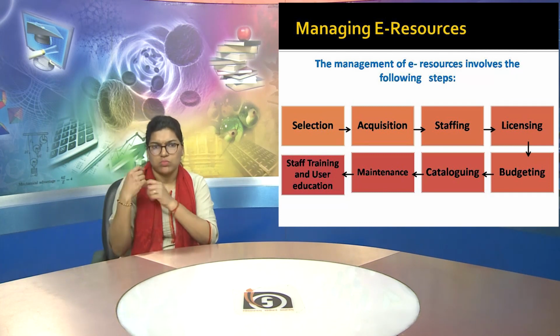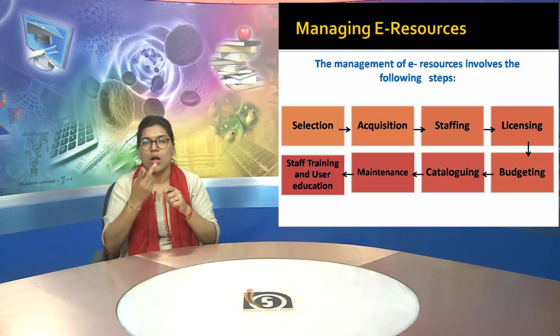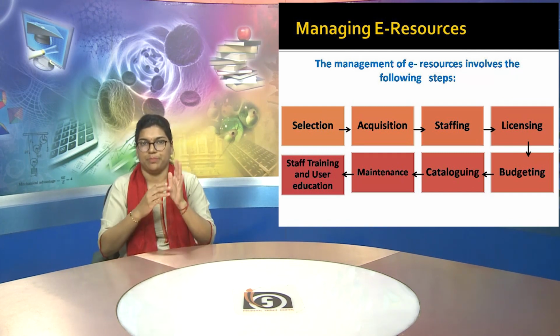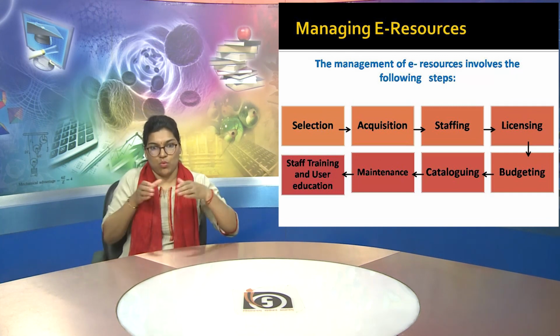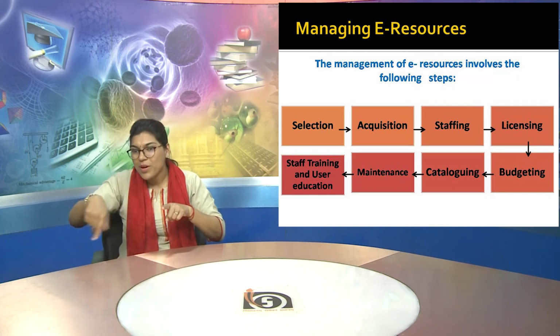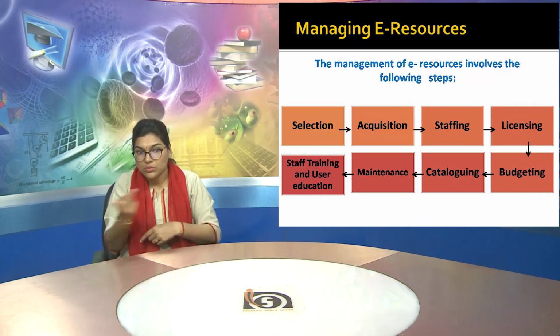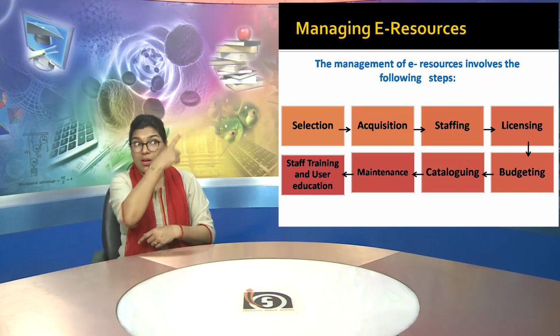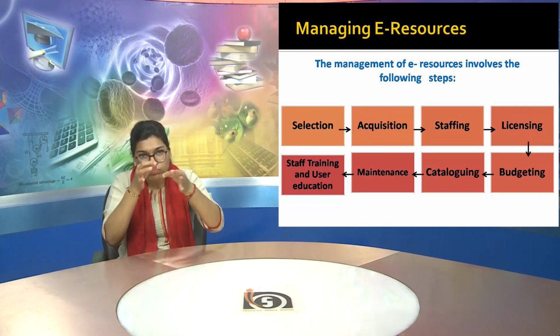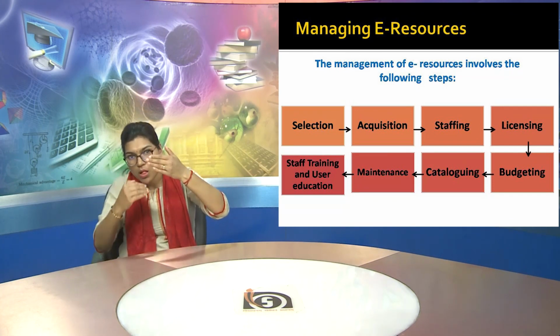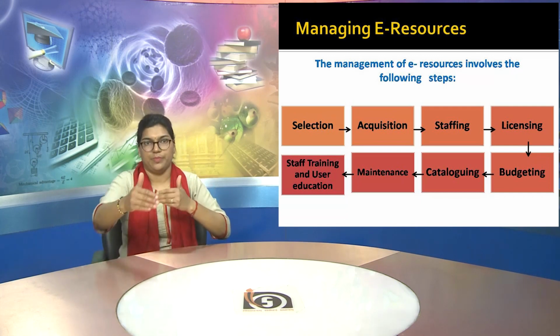And the next step which comes after budgeting is cataloging. After cataloging, the next step is maintenance. And when it is done, then the next step is staff training and user education. We will discuss all these points in detail in further slides.